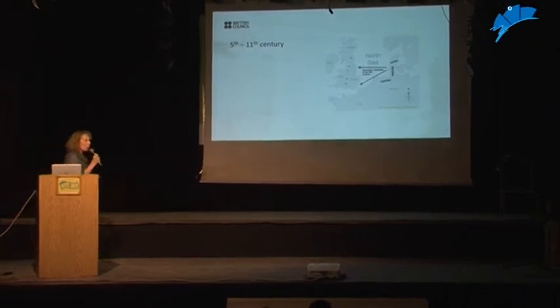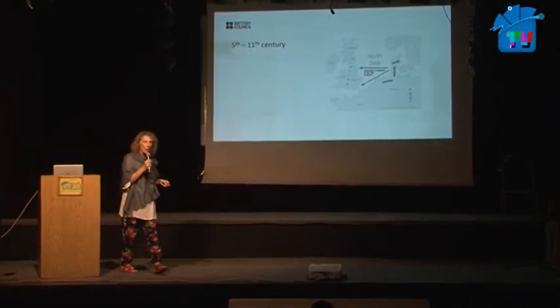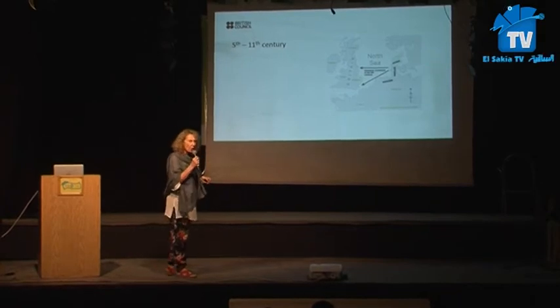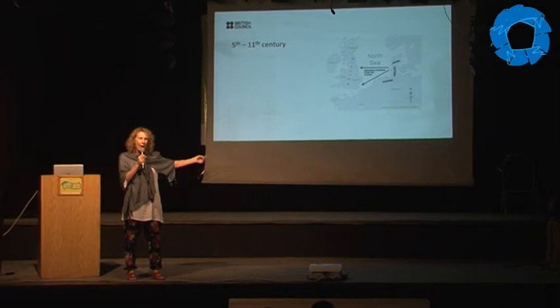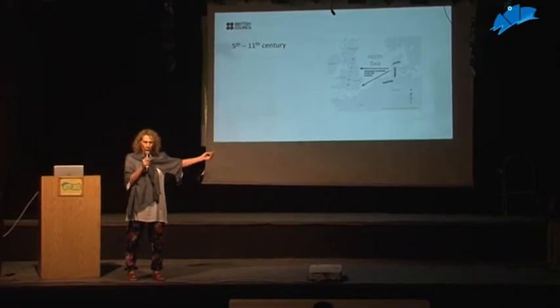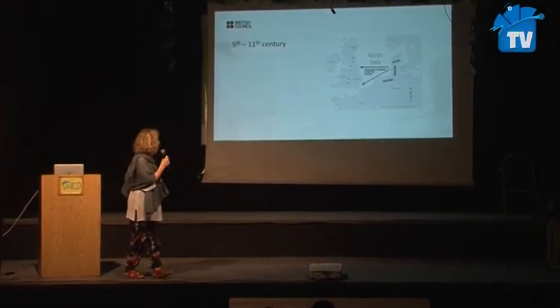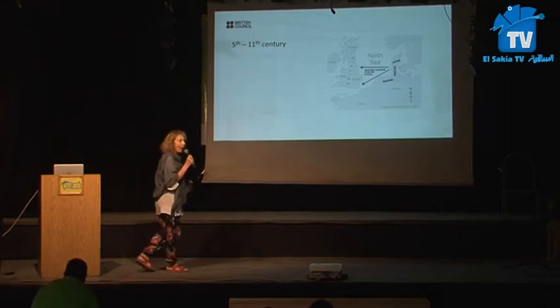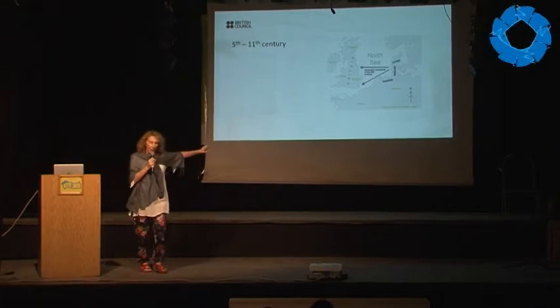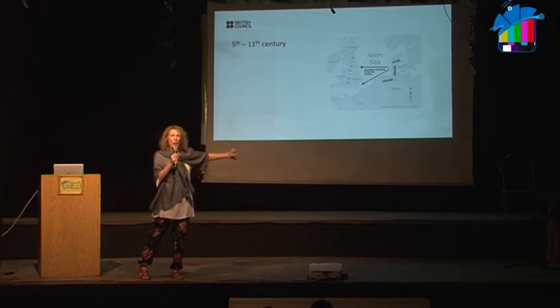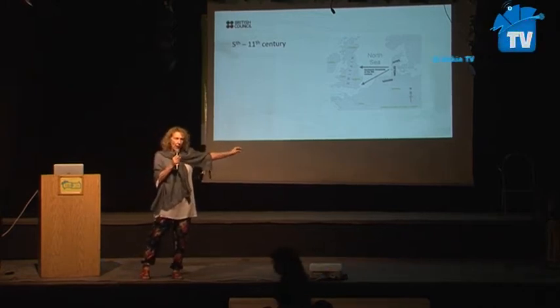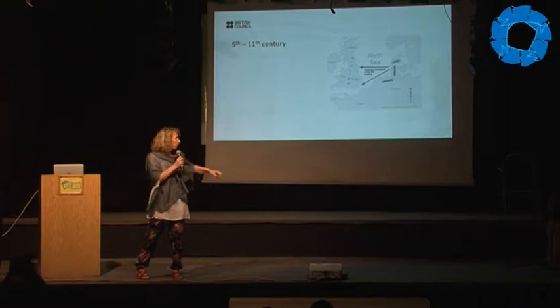Okay, we're going to jump to the 5th century AD, so 500 years after Jesus Christ was born. And look what happens. So we had tribes living in Britain. They were quite happy there. They had their own languages.